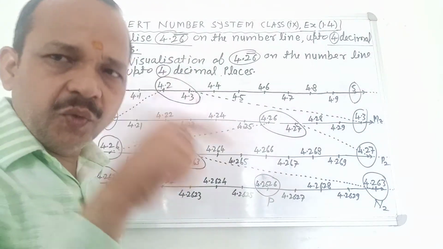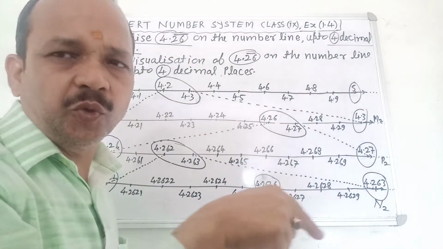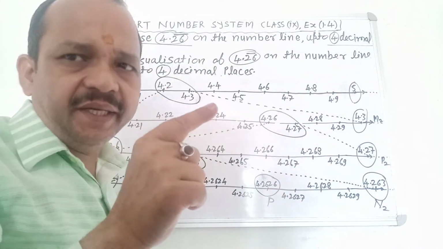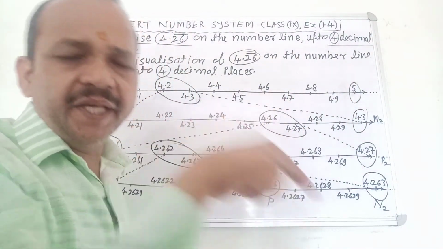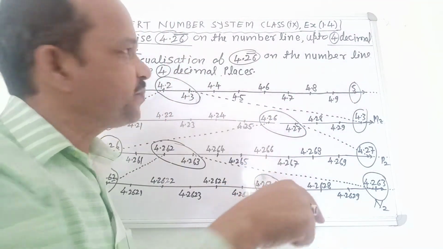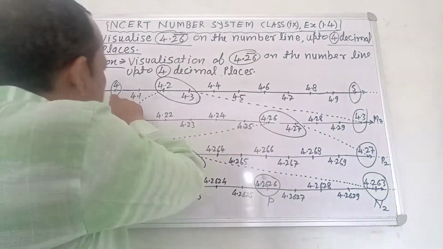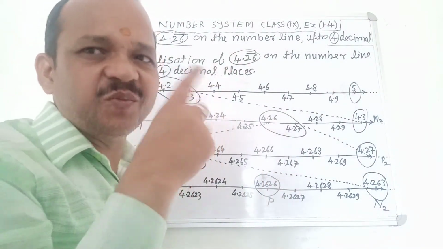You divide the distance between 4 and 5 into 10 equal parts, because 4.26 bar is between 4 and 5. It is very easy.